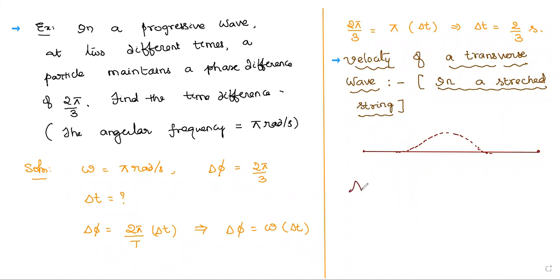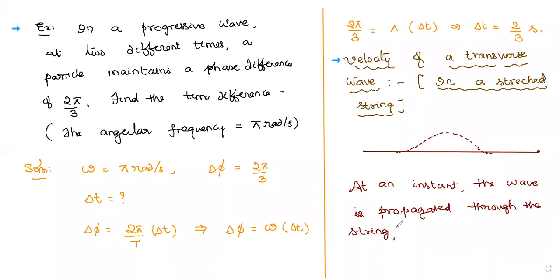At an instant, the wave is propagated through the string, that too at one particular place, as shown with the dotted lines.